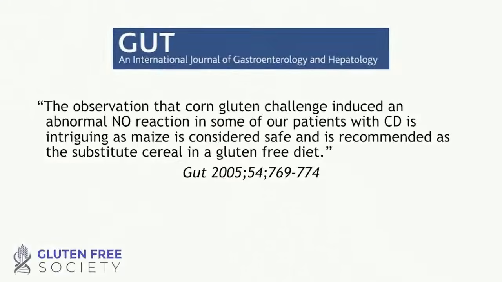And we have another research study, same journal, the International Journal of Gastroenterology and Hepatology: the observation that corn gluten challenge induced an abnormal NO reaction in some of our patients with celiac disease is intriguing, as maize is considered safe and is recommended as the substitute cereal in a gluten-free diet. I don't think it's intriguing. I think alarming would probably be a better word. Now, what is this study really investigating?